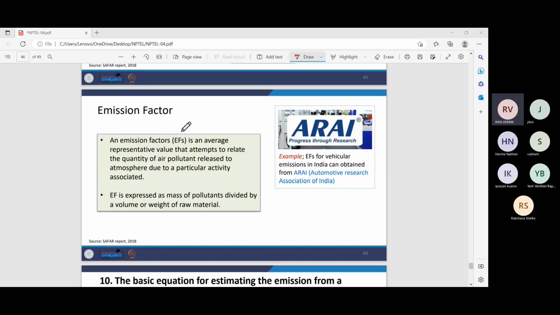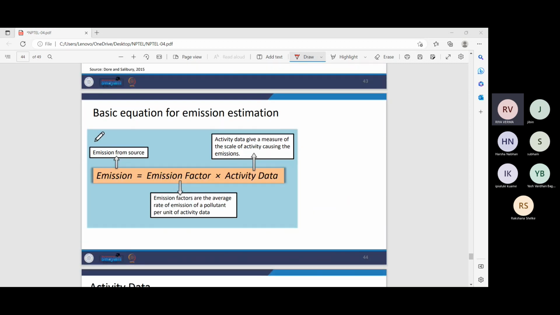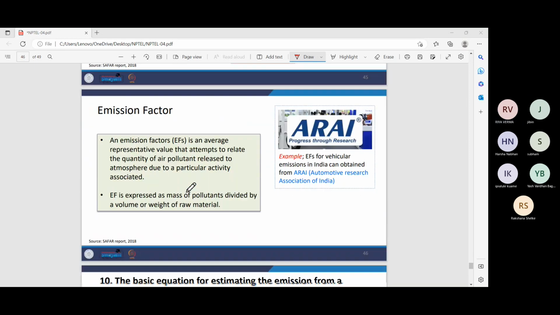It is a representative value that attempts to relate the quantity of air pollutant released in the atmosphere to a particular activity associated. These emission factors are expressed as a mass of pollutant per unit volume or weight of the raw material. So when these two are multiplied, we have the total emission from a specific type of source.